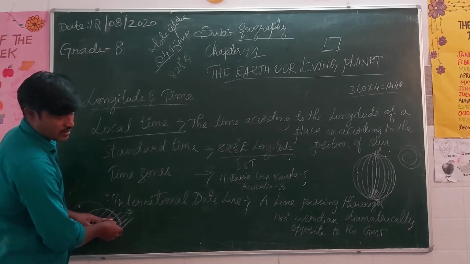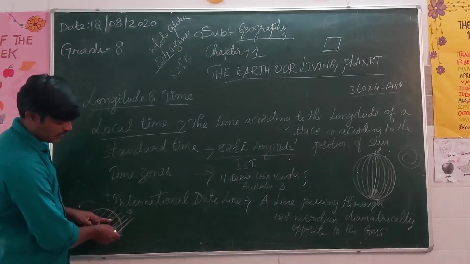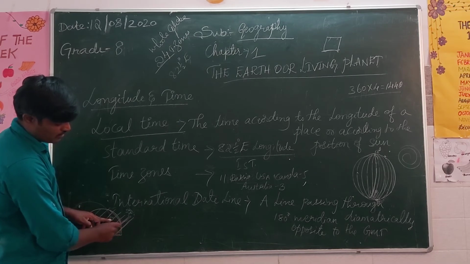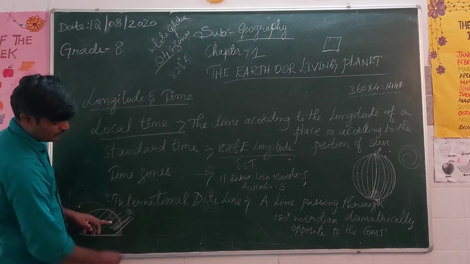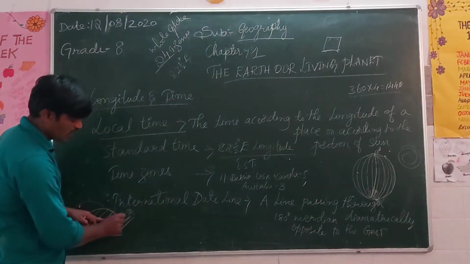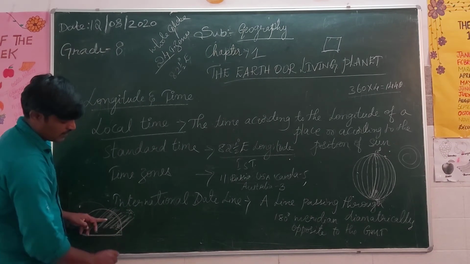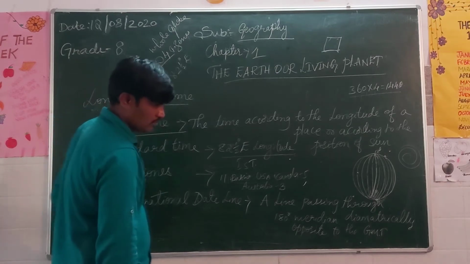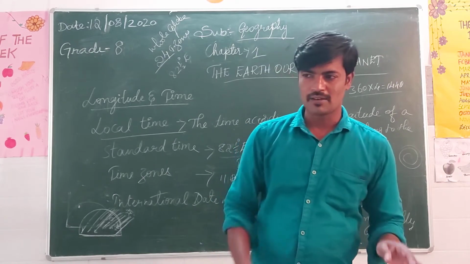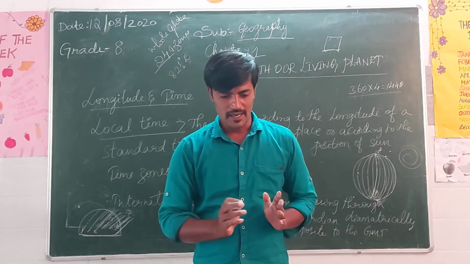Some minutes of time difference can be seen between Bangalore and Delhi, because when the sunlight reaches one place, the day starts early there, whereas other places gain sunlight later, so their timings will be different. Through that we can understand there will be a time difference from one meridian to another.